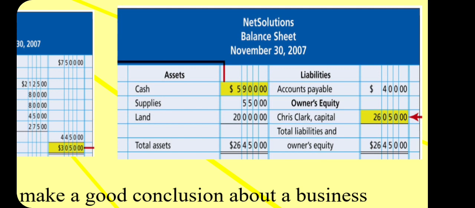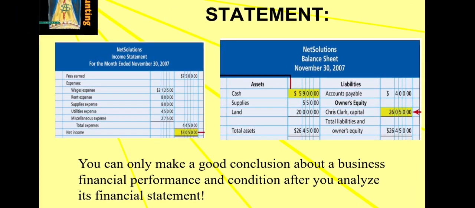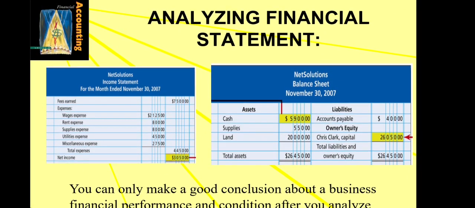So it is very difficult for the business to survive. Okay, so that is in general. When you see an income statement, you can see the financial performance of the business in general, and if you see the balance sheet, you can see the financial condition of the business in general.